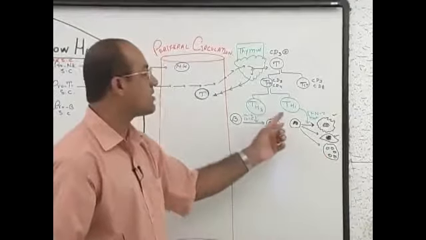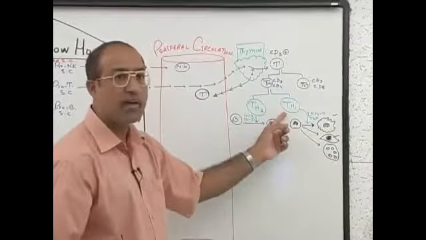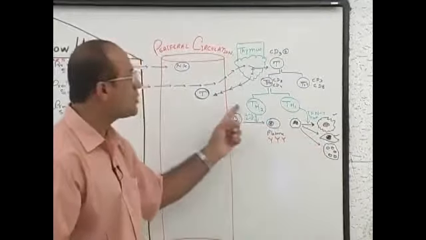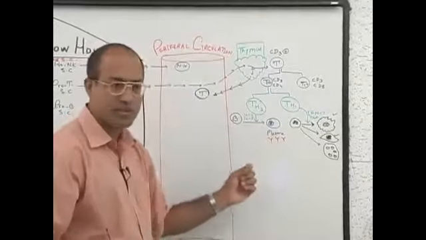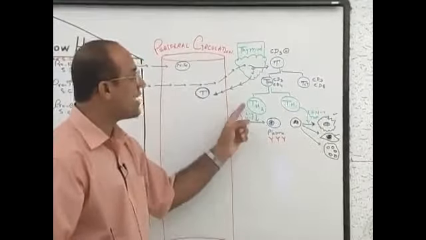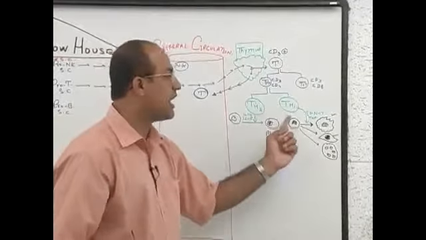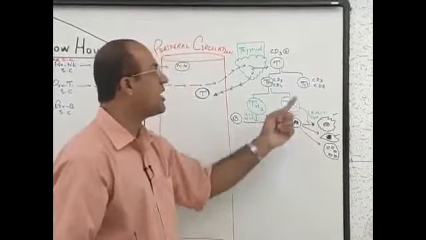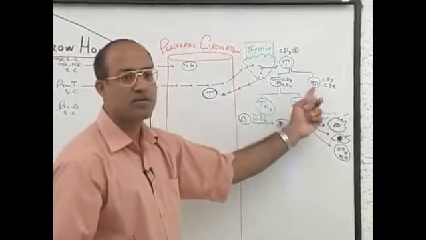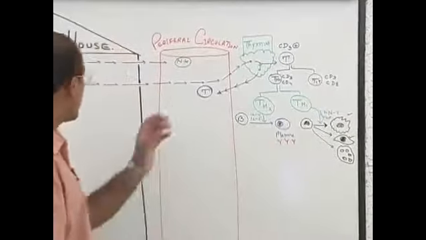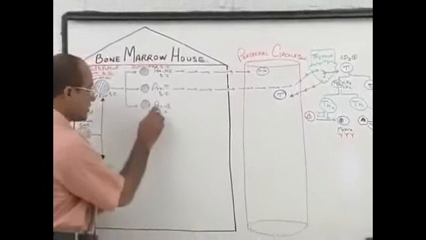So we can say T helper 1 can help the granuloma formation, T helper 2 can help antibody formation. That is why T helper 2 is helping the humoral immunity, and T helper 1 is helping the cellular immunity, and T cytotoxic is also part of cellular immunity. Now we come to pro B cells.